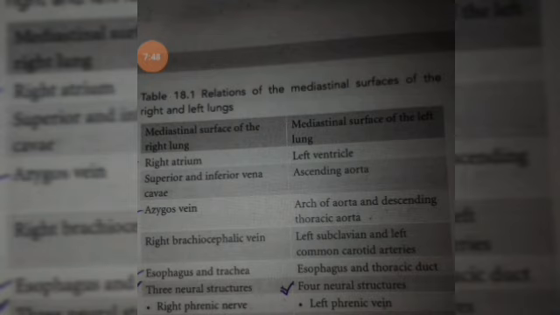So the thoracic duct, the course: it starts from the cisterna chyli, and it ascends in the vertebral column. At the level of what does it cross? At the level of T5 vertebra. Yes, it crosses over from the right to the what? Left. Okay, the right to the left, and then it ascends over that left side.